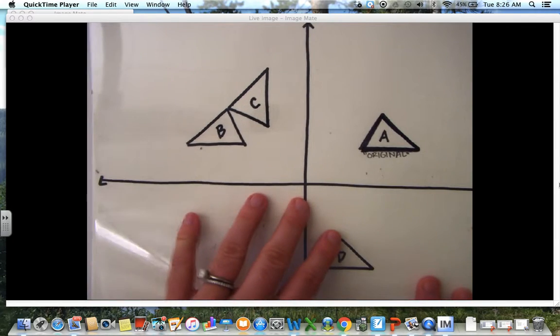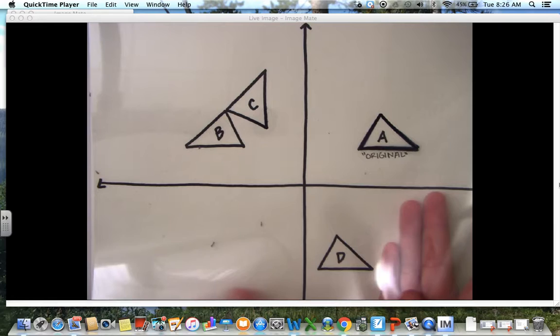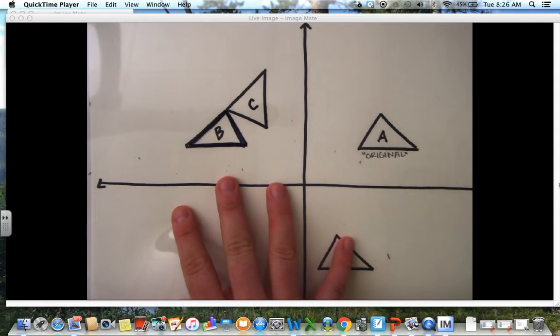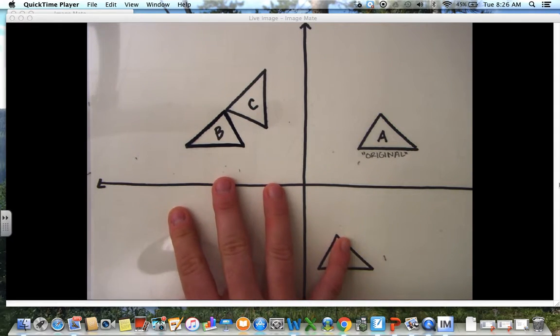What if I take my transparency and I flip it over? Notice what I have done.